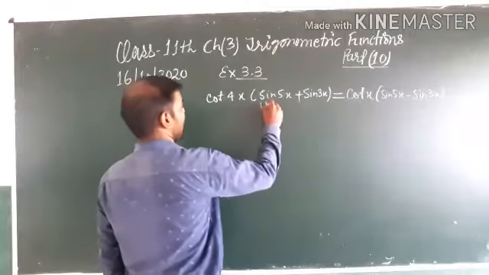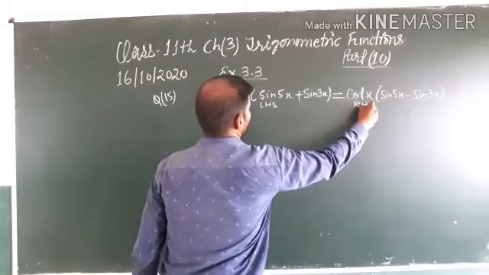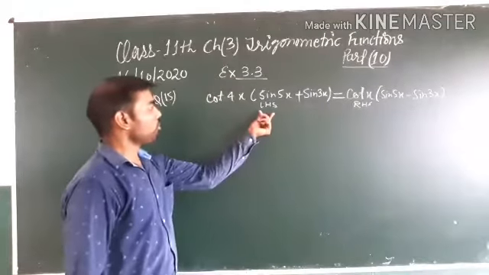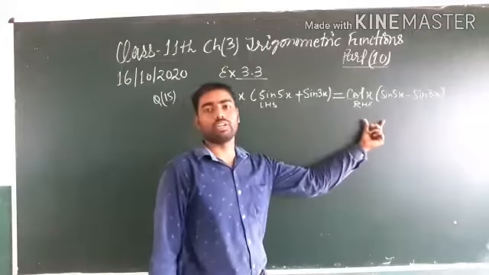This is the 15th question. This is the left hand side and this is the right hand side. So we need to prove left hand side is equal to right hand side.